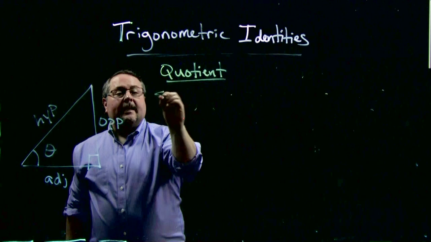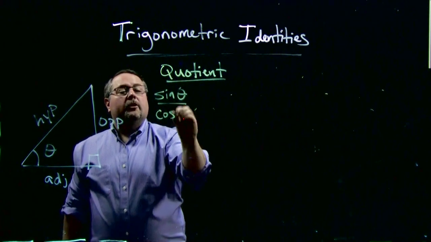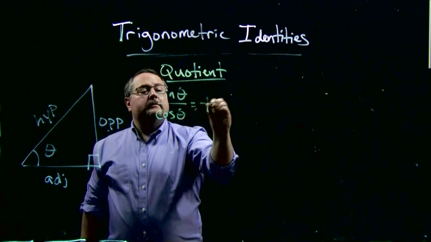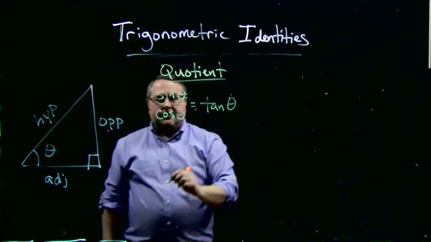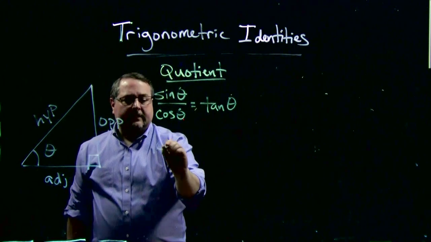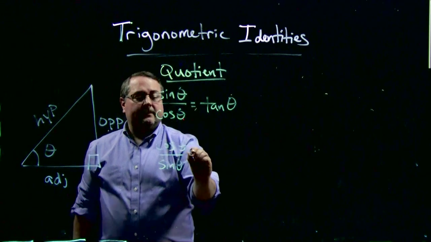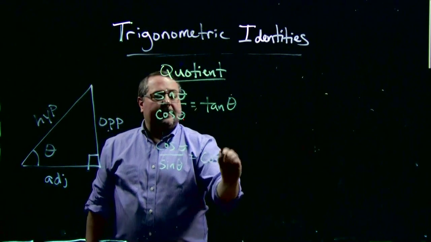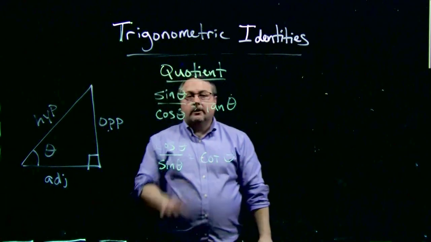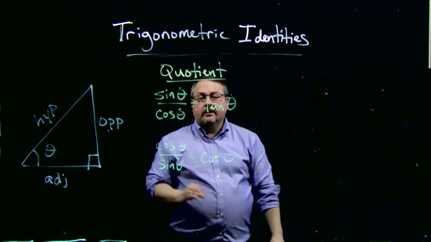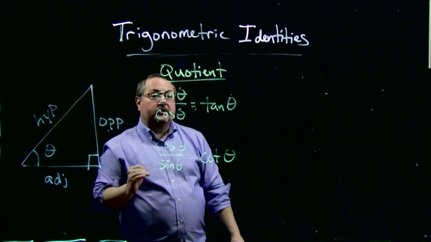The first is that sine theta over cosine theta is tangent theta. Okay, the second is that cosine theta over sine theta is cotangent theta. Okay, so those are our 2 quotient identities. They relate tangent to sine and cosine, or cotangent to sine and cosine.